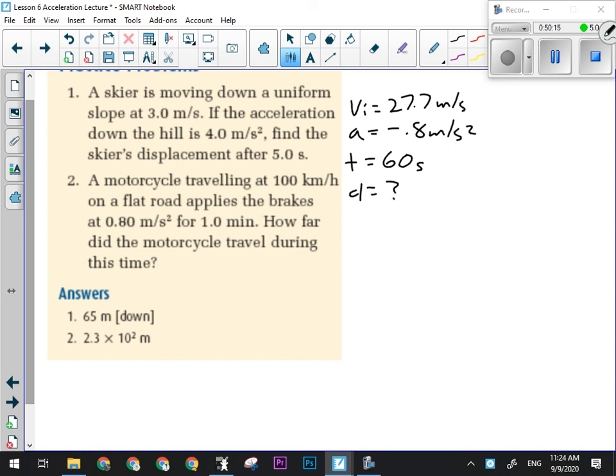We're looking for D, okay, so we'll have D equals VI times T plus 1/2 AT squared, right? So that'll be our 27.7 times 60 plus 1/2 times negative 0.8, and it's crucial to have the negative there, times 60 squared.